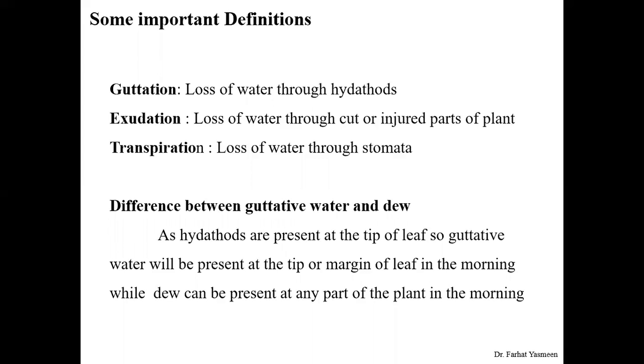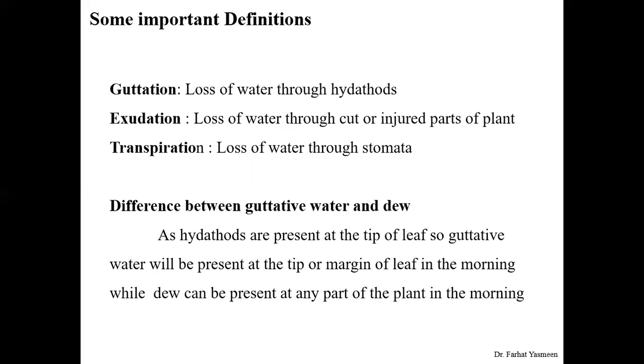Then what is the difference between guttative water and dew? That also comes to our mind: how can we differentiate whether the water present on the leaf of the plant is guttative water or dew, because dew is also present on the surface of the plant. We can differentiate between these two because guttation is loss of water through hydathodes.